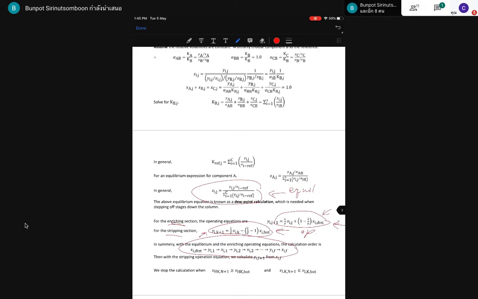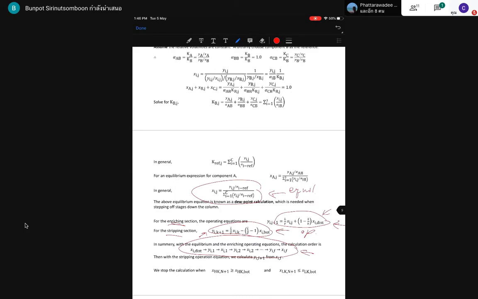So as I said here, you have to switch from x to y, y to x, y to x, switching between the equilibrium and the operating equations.